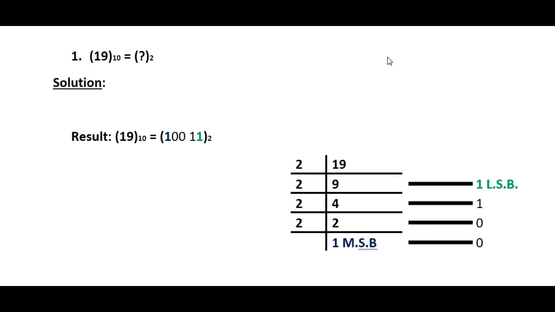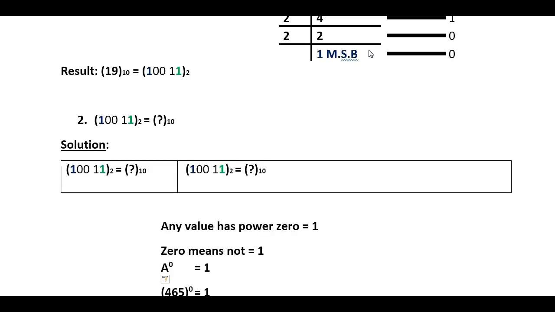Decimal to binary, for the purpose of checking, if you need, you can convert binary to decimal. But remember it, binary to decimal conversion is another conversion system, but it helps you check whether your answer is correct or not. As the result shows, 19 base 10 within a parenthesis is 10011 base 2.